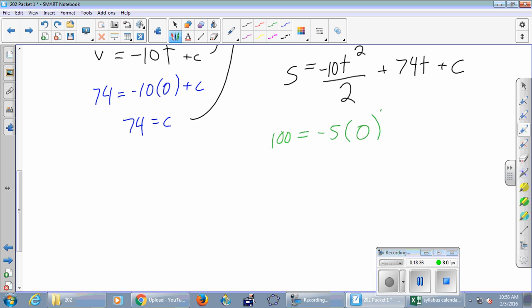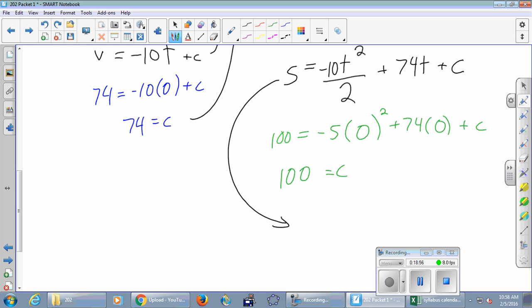So negative 5 times 0 squared plus 74 times 0 plus the c, which we're going to find. c is 100. Lovely. And then we'll just copy this guy. s equals, again, changing the negative 10 over 2 to a negative 5, t squared, plus 74t plus 100.